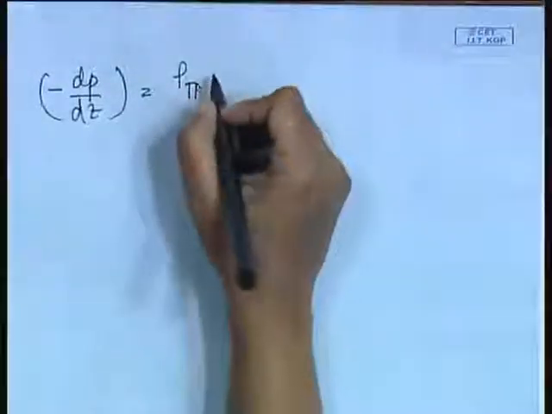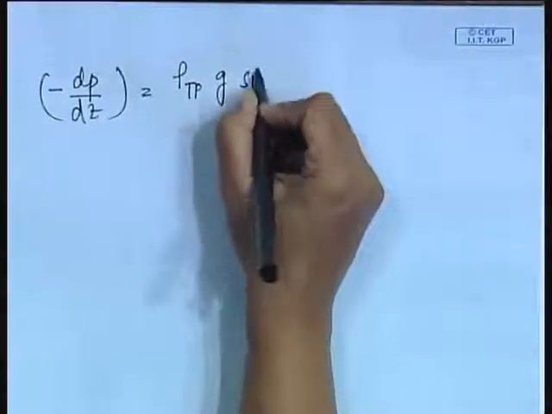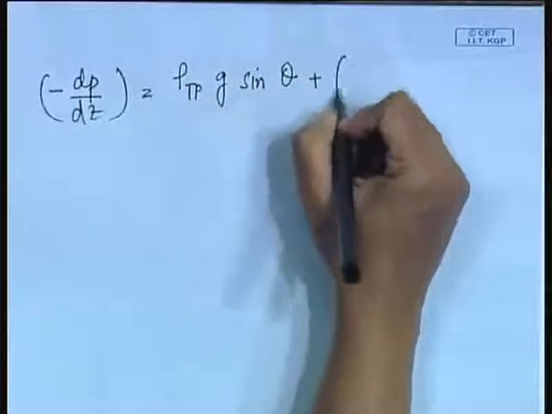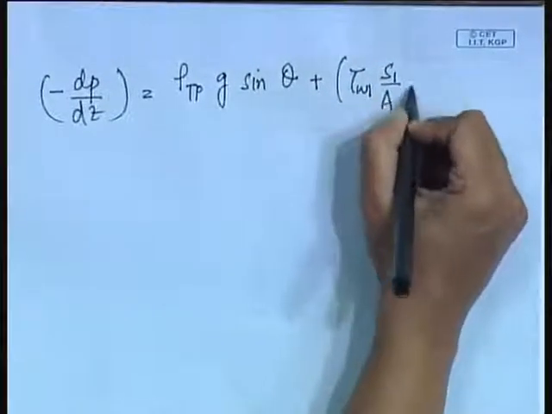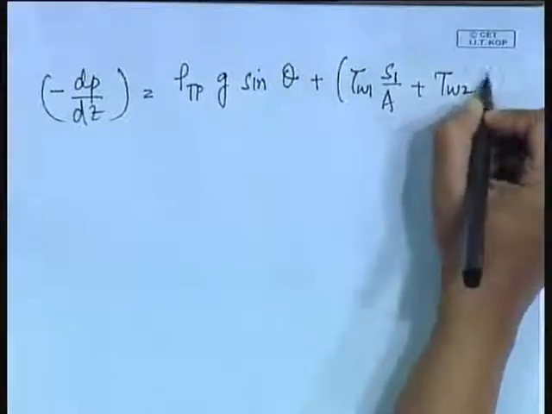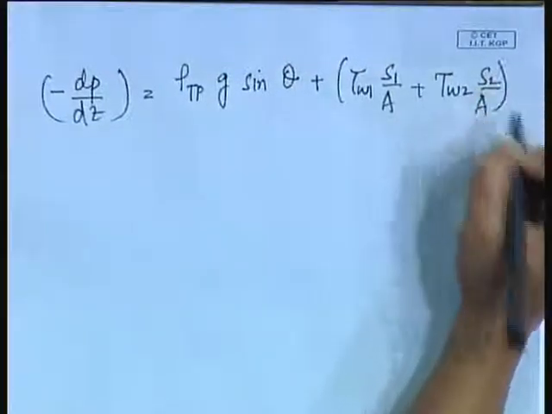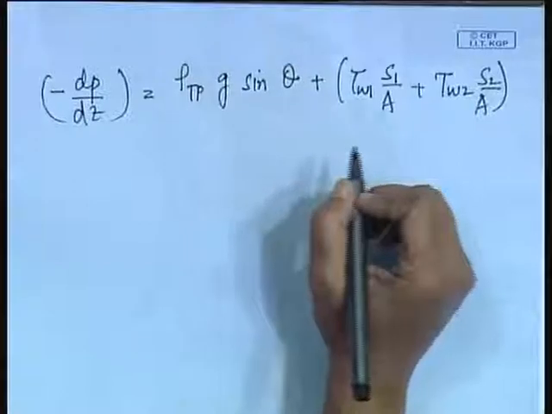So, this is going to be rho TP g sin theta. Apparently it is slightly boring, but when we do problems we deal with simpler situations, because certain things tend to be negligible under certain conditions.